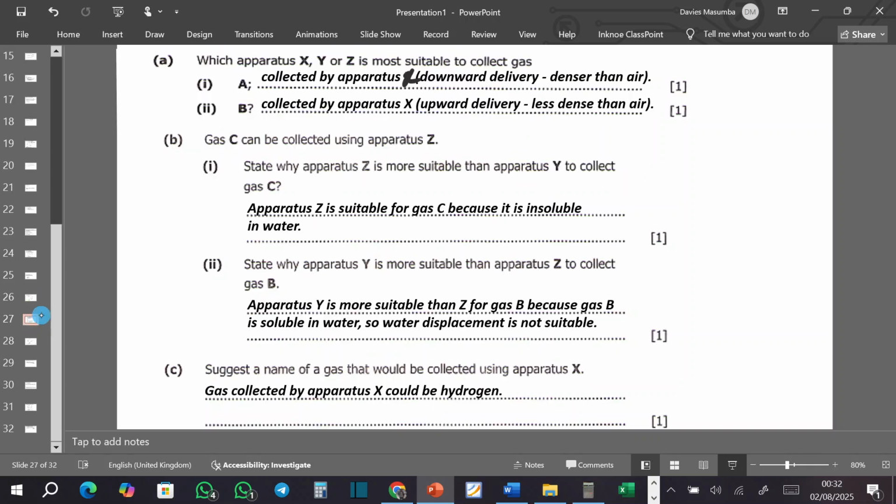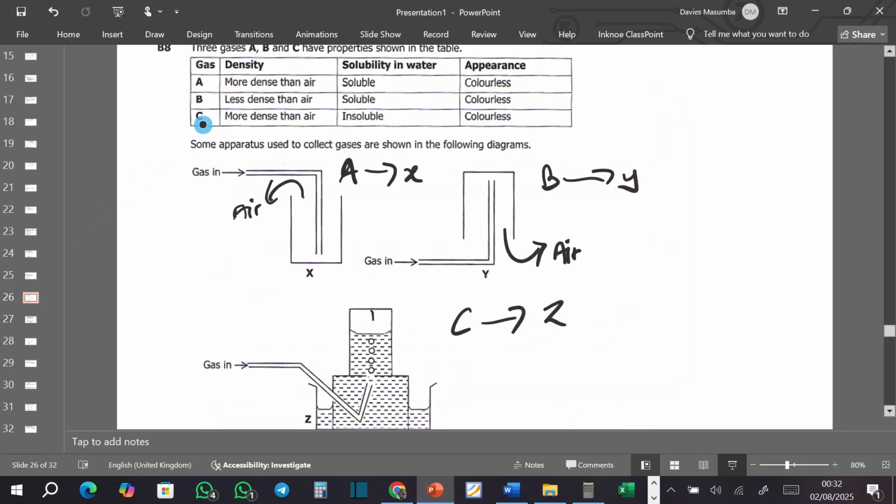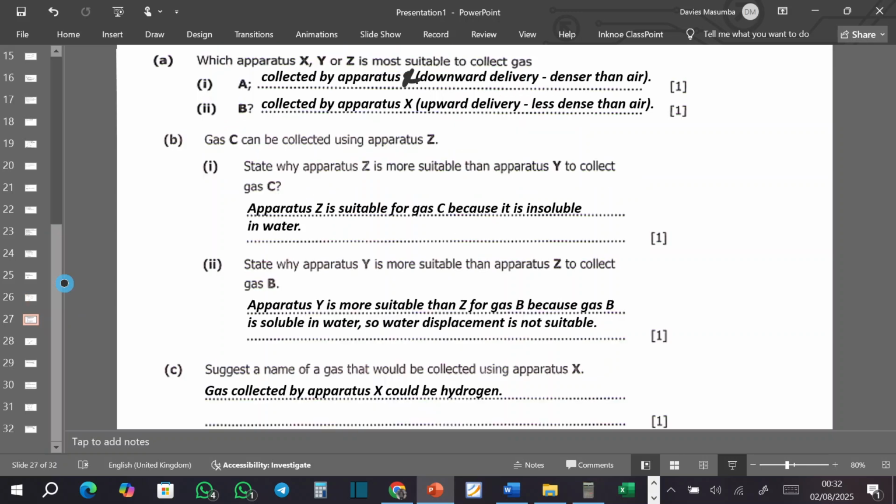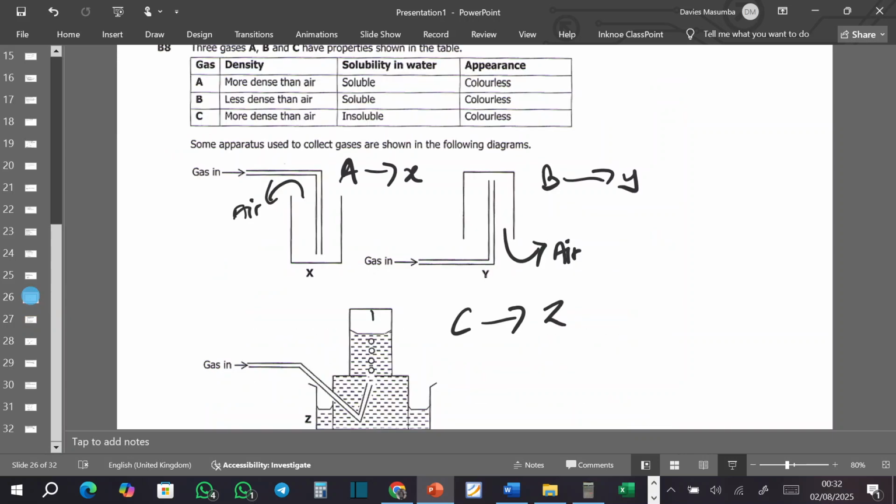Then B, less dense than air. B should go for Y. B, Y, upward delivery, less dense than air, so Y. So B is upward delivery, less dense than air.